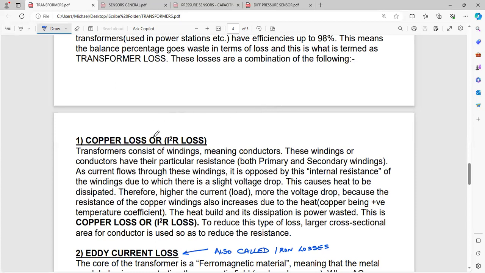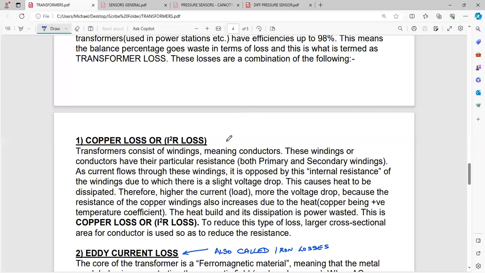So if you say silver is a better conductor than copper, that means copper is going to offer more resistance to the flow of electricity as compared to silver. With that resistance, you have current flowing, and when current flows through a resistor, a voltage drop appears across the resistor, and that heats the resistor.